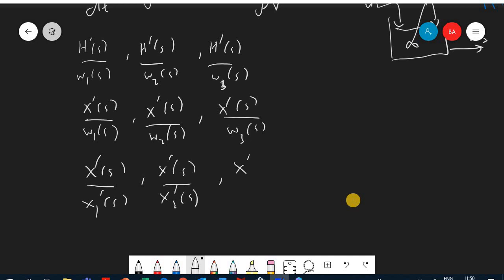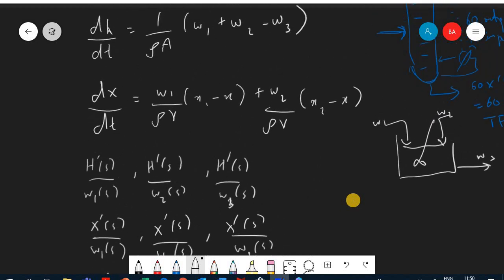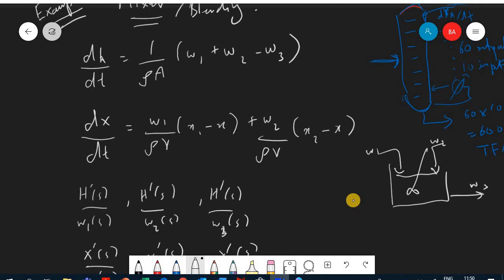I just wanted to give this example to show you the number of transfer functions that you can have. So in this case, what do I have? I have two state variables, and how many inputs? 1, 2, 3, 4, 5.